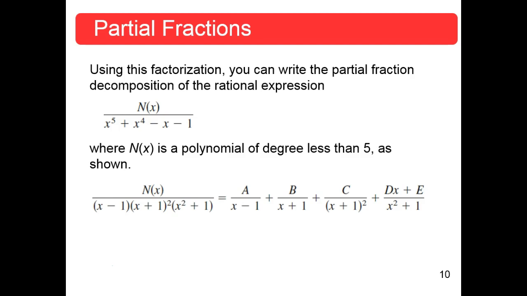If that had been x plus 1 to the 5th power, it would be B over x plus 1 plus C over x plus 1 squared plus D over x plus 1 cubed. Keep going until you get to the last one. And then this one, because it's a quadratic, its numerator is one degree less, Dx plus E over x squared plus 1.